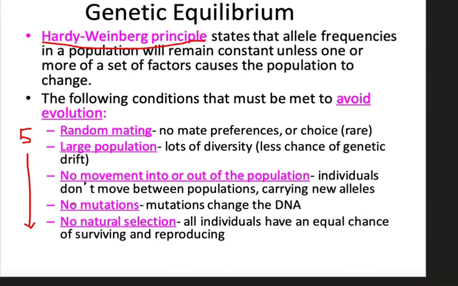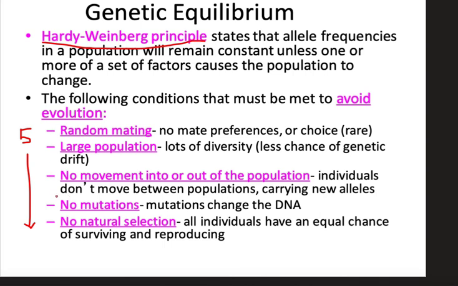So random mating, large populations, no movement, so that's called migration into or out of the populations, no gene changes, and no selection, no favoring one trait over another, in order for something to not evolve.